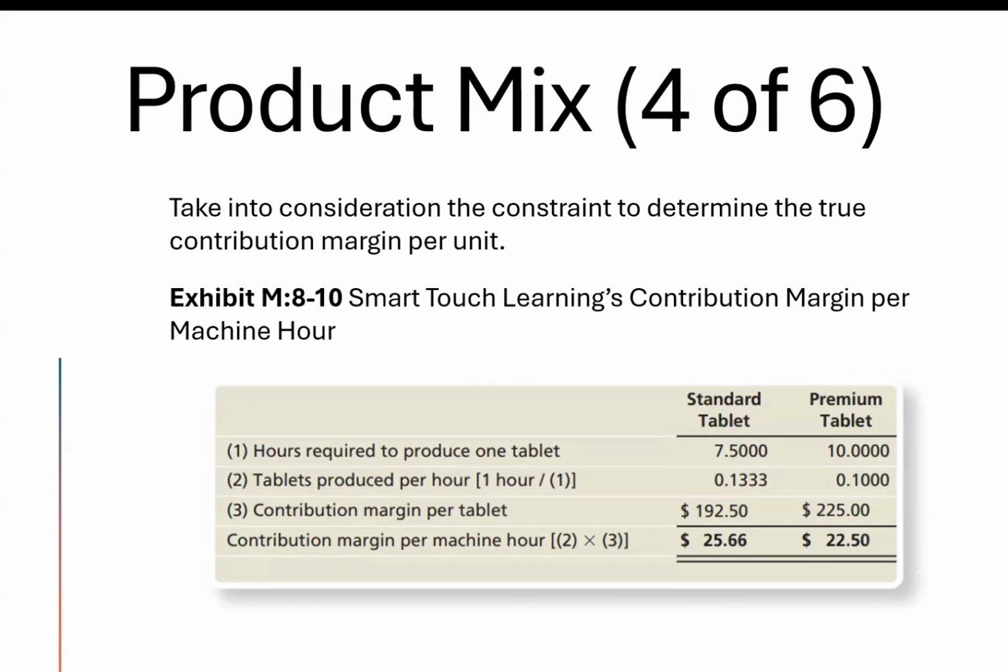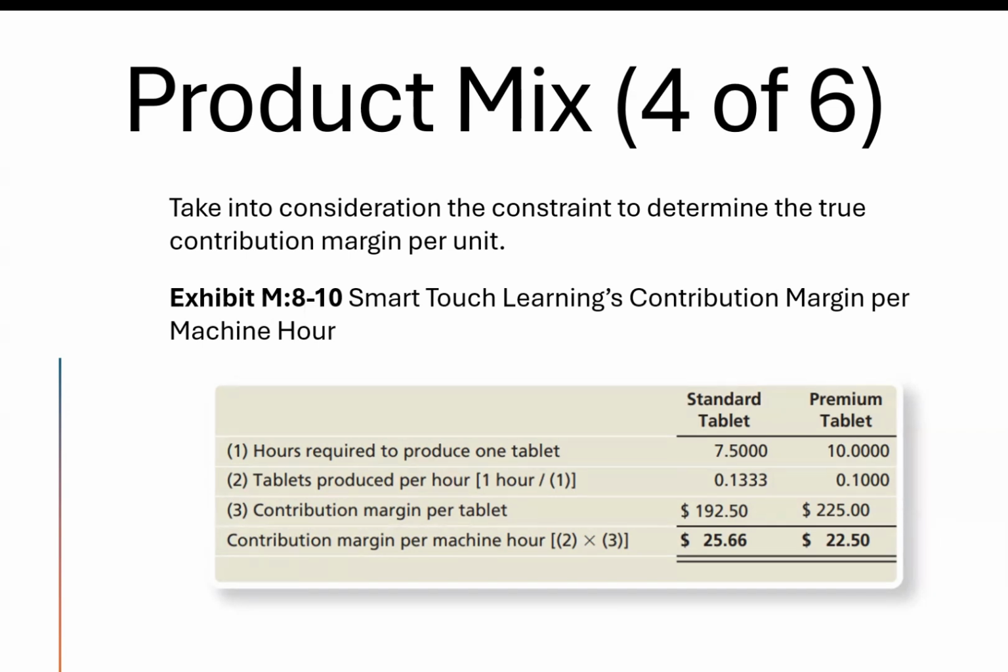Because machine hours is the constraint, Smart Touch Learning needs to figure out which product has the highest contribution margin per machine hour. Here in Exhibit 8-10, it illustrates the calculations for the contribution margin per machine hour for each product. As you can see, standard tablets have a higher contribution margin per machine hour, which is $25.66, than the premium tablets, which has only $22.50.